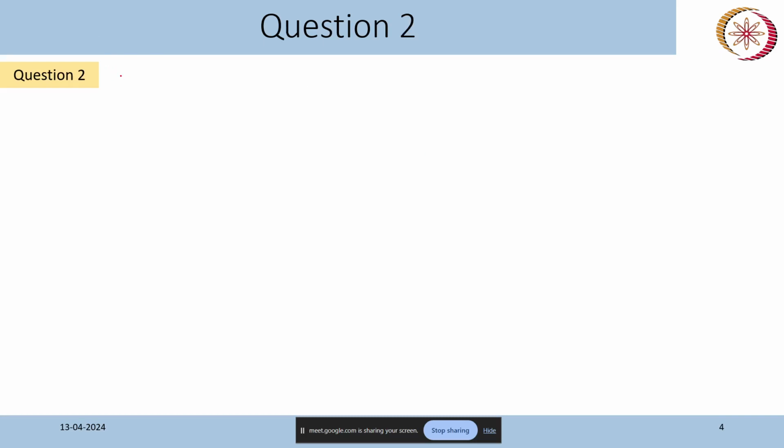Next question is, what is the hierarchy of simulation tools? Like in which order simulation tools are used?